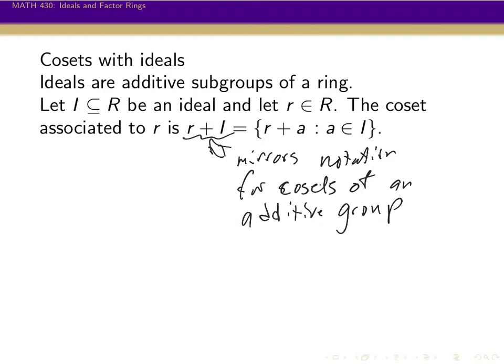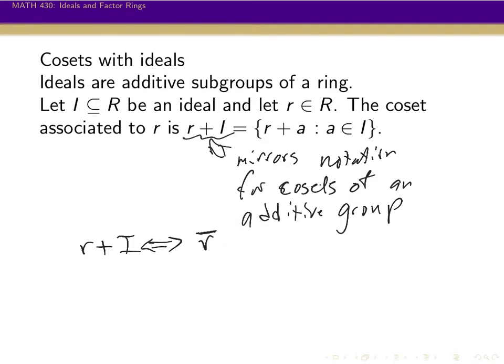And oftentimes, rather than writing out r plus I all the time, if I'm talking about the coset corresponding to r, I'll write r bar.